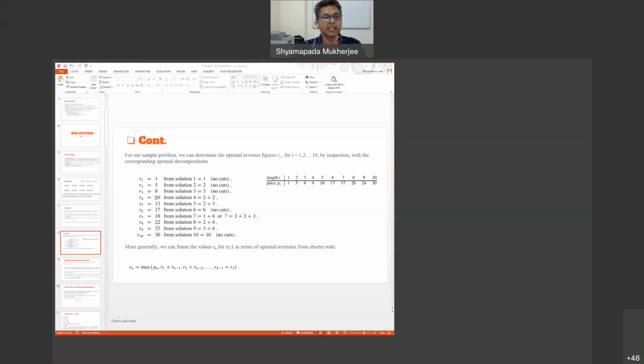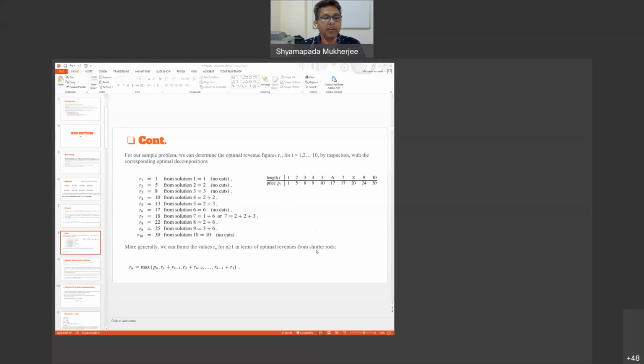And if we don't cut the rod at all, then that will give 8. So similarly, we can find out the revenues for lengths from 1 to 10, all by using these Pi values for the different lengths of the rod pieces.